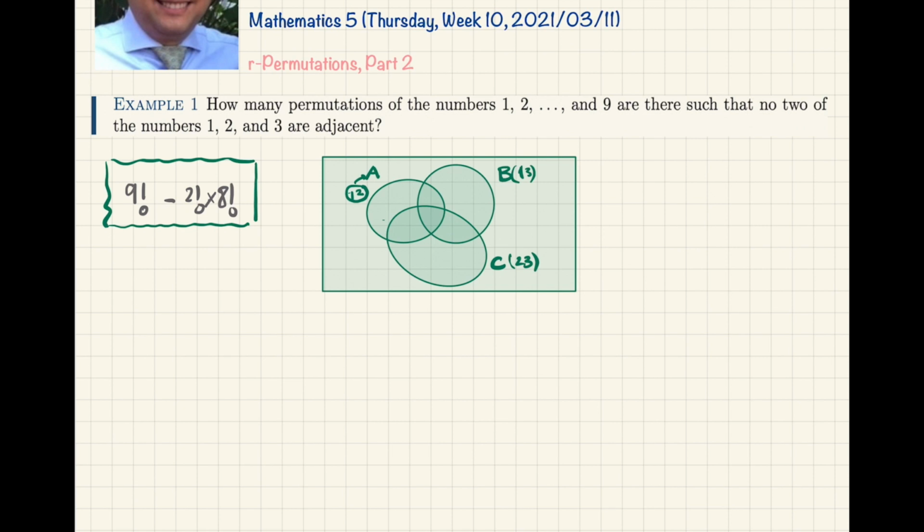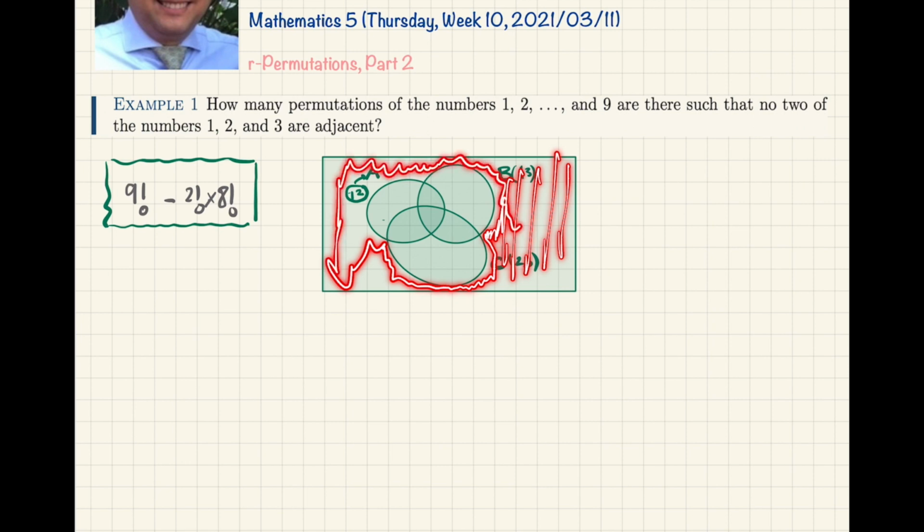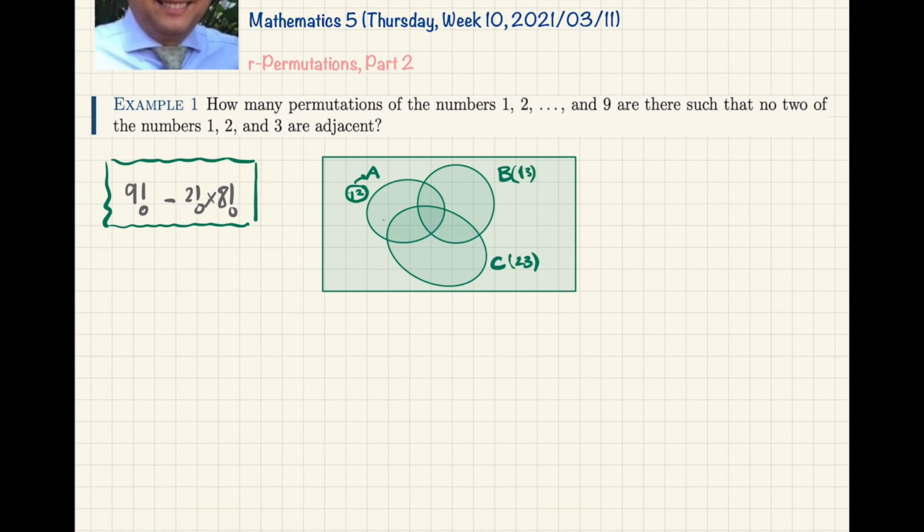Everything around them. Exactly, thank you. So that is the inclusion-exclusion principle. You will see I am interested in those things which are in none of these. Yes? Is that understandable for everyone?